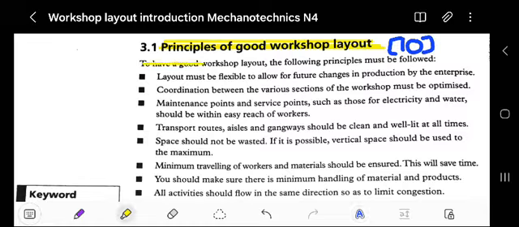To have a good workshop layout, the following principle must be followed. A layout must be flexible to allow for future changes in production by the enterprise.